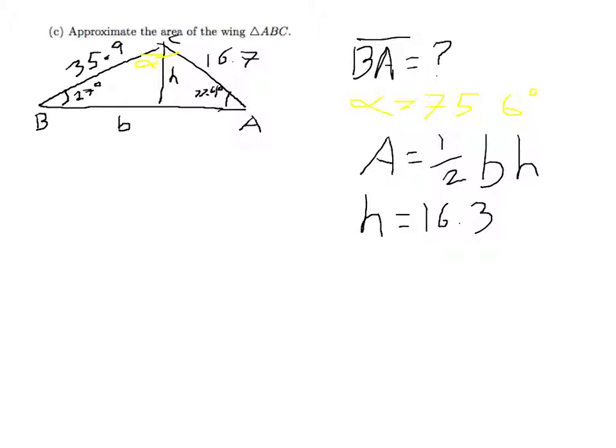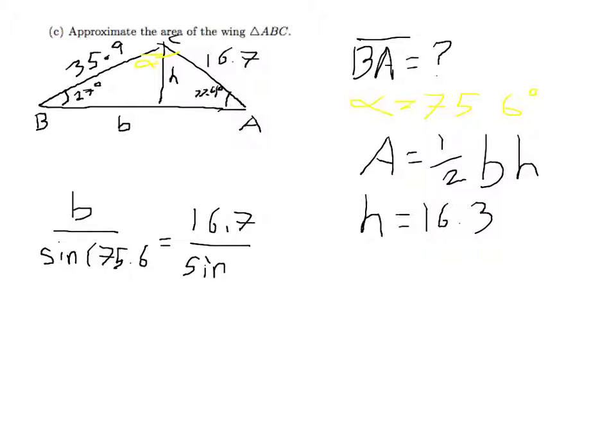To do that, we can use our law of sines again. Let's solve this using the law of sines. We have b as our unknown, but the opposite angle of that we found, alpha, to be 75.6. So the sine of 75.6 degrees is equal to, we can use another angle, let's choose the 27-degree angle. Its corresponding side is 16.7 feet. So sine of 27.